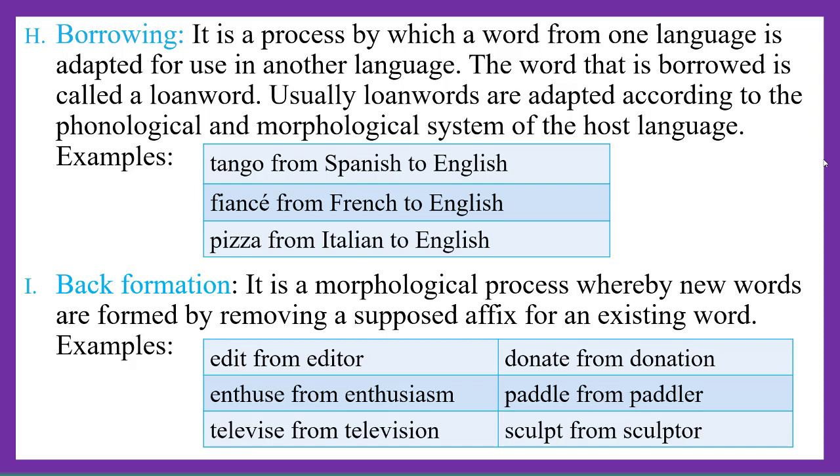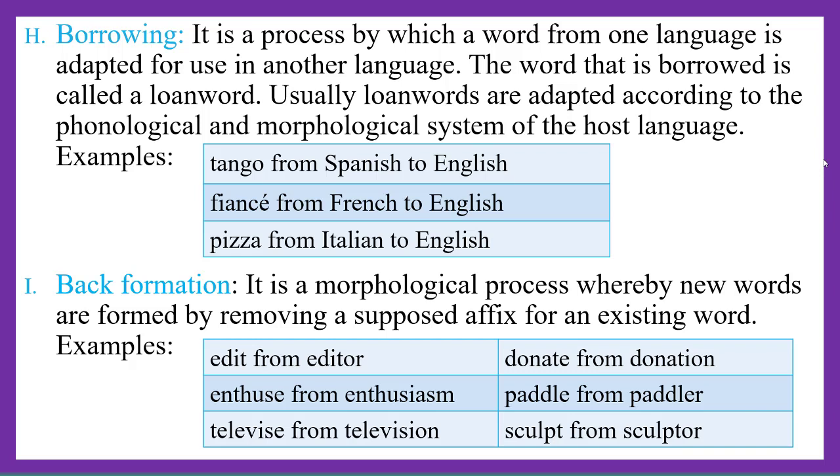Then we have back formation. It's another process whereby new words are formed by removing a supposed affix from an existing word. Okay, they just remove, like edit from editor. Here, for example, we form new words: we have editor, then we want to make a verb.